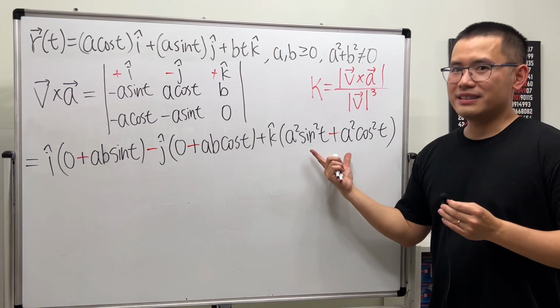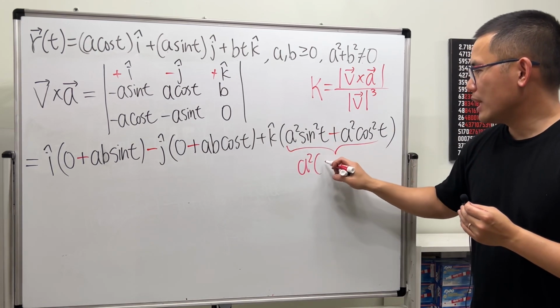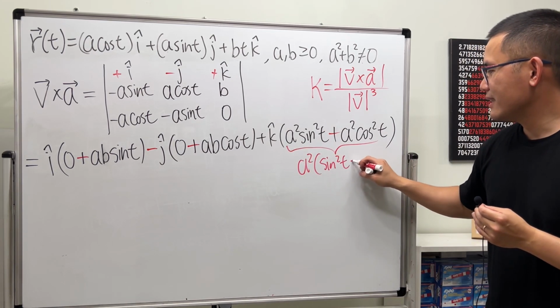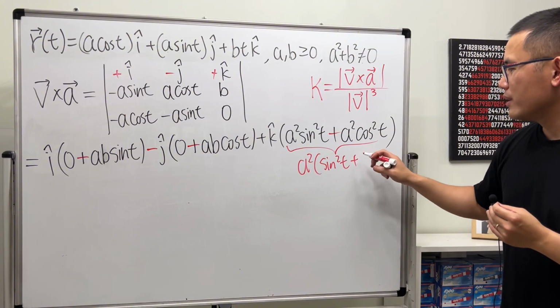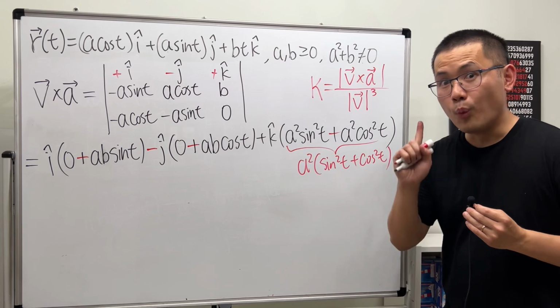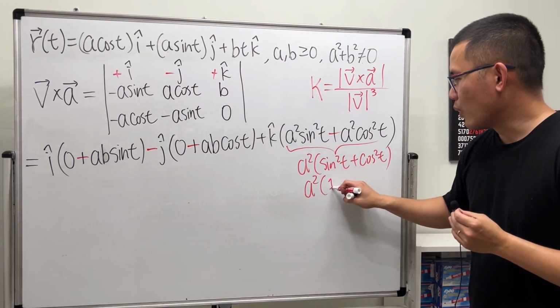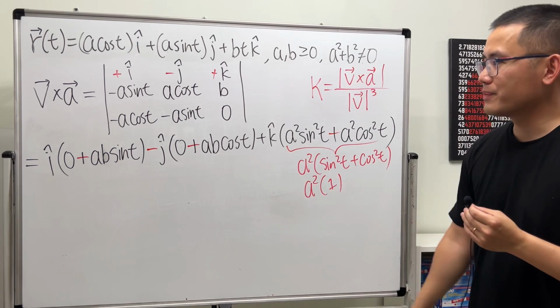This right here is pretty nice because we can factor out a squared. And then we are going to see our good friend, namely sine squared t plus cosine squared t. And you know, this is the one that we love. So we get a squared times 1, which is just a squared.